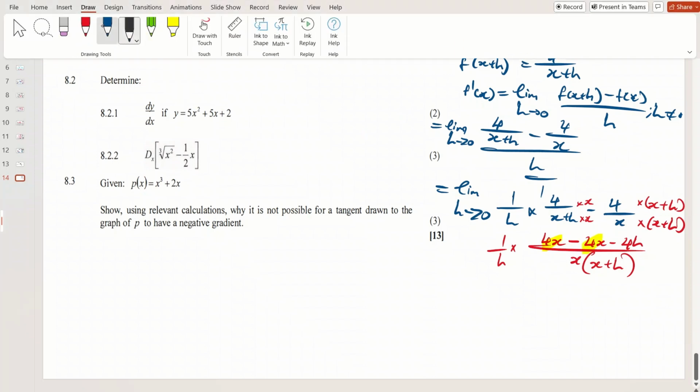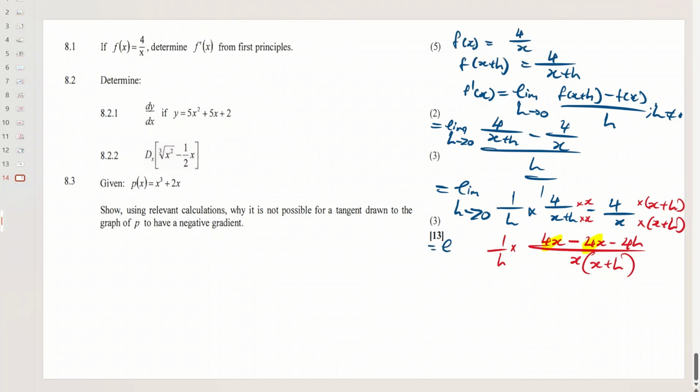You have the limit as h approaches 0 of what? Okay, you have the limit as h approaches 0. That was that part there. So now you have 1 over h, that means negative 4h all over x into x plus h.